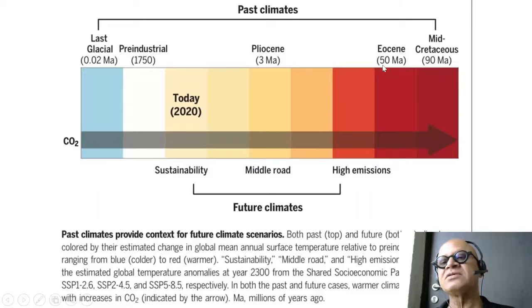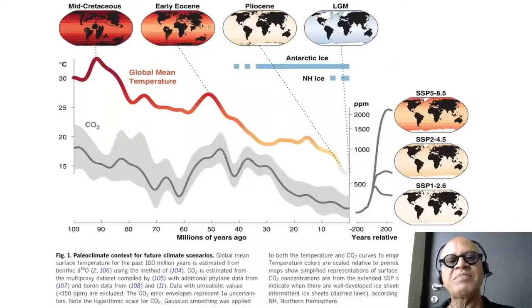We will go past Eocene and mid-Cretaceous levels if we go into the high emission scenarios. Okay. The paper also puts the global temperature maps in context. So this is the temperature, and this is the CO2. Here it is in ppm, and the various scenarios.